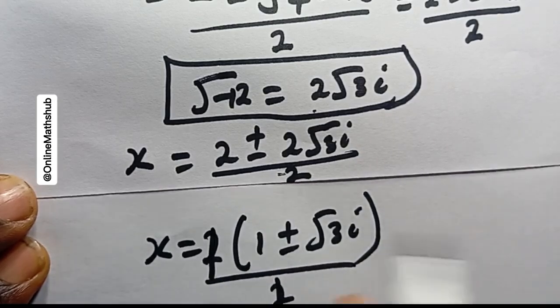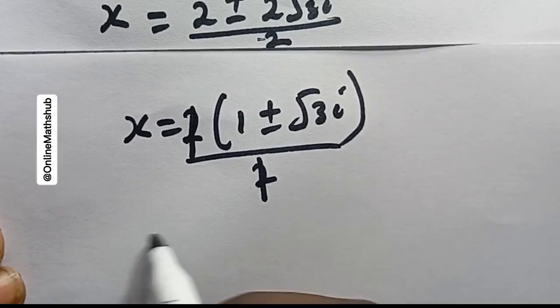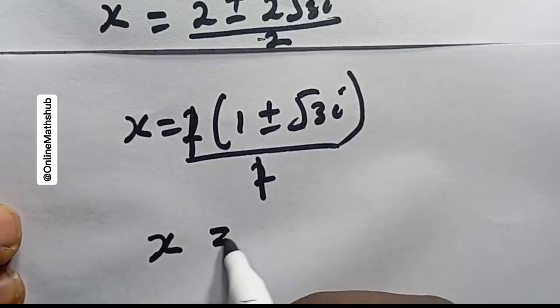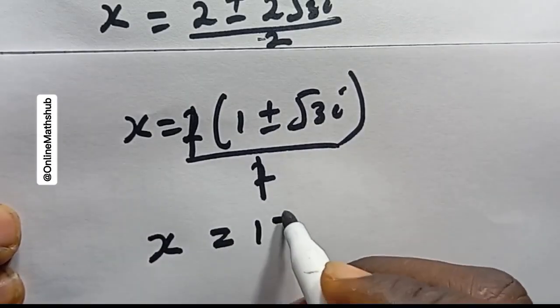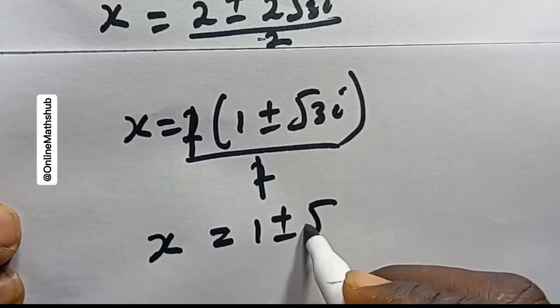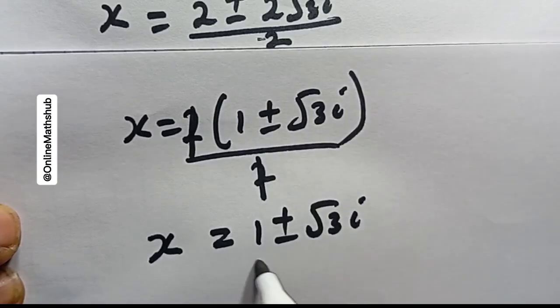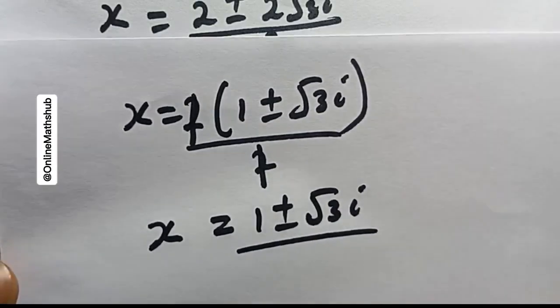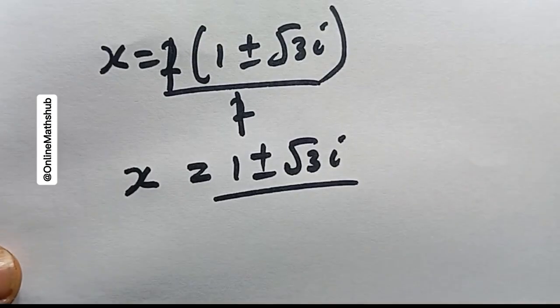These 2 can also cancel, and what I will have left is that x is equal to 1 plus or minus root 3i. So this is the remaining 2 values of x.